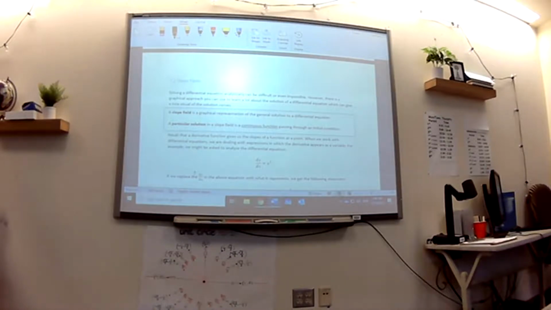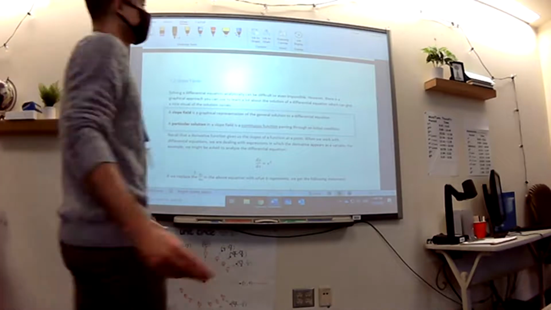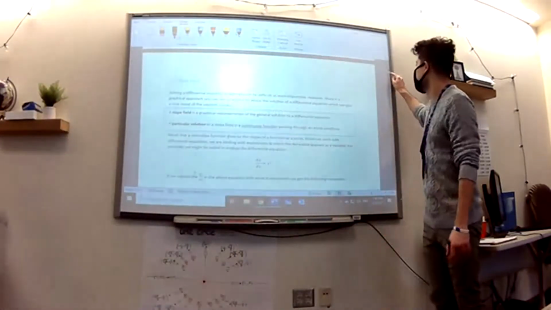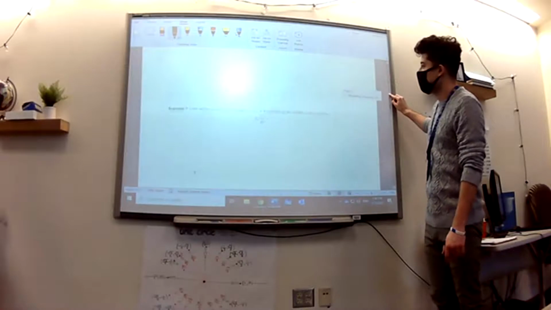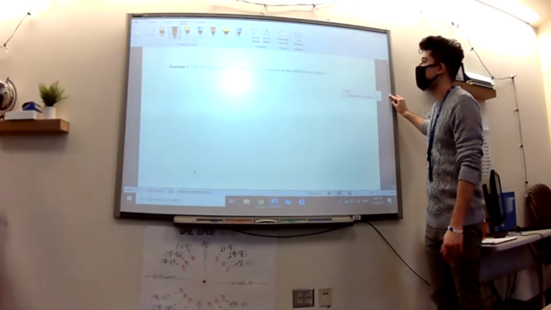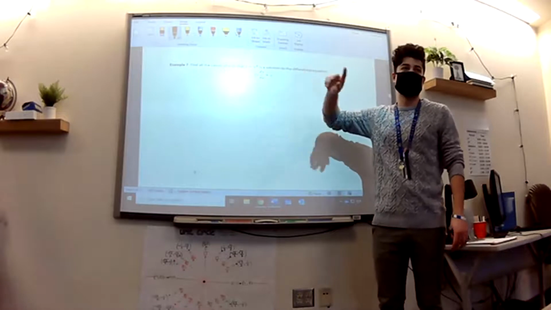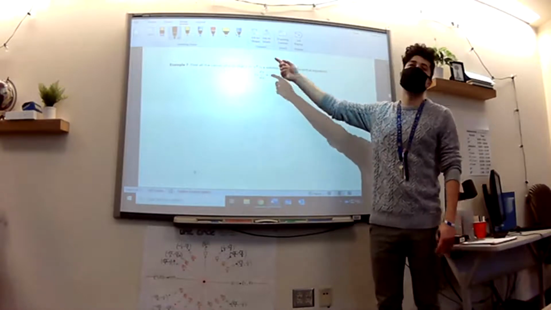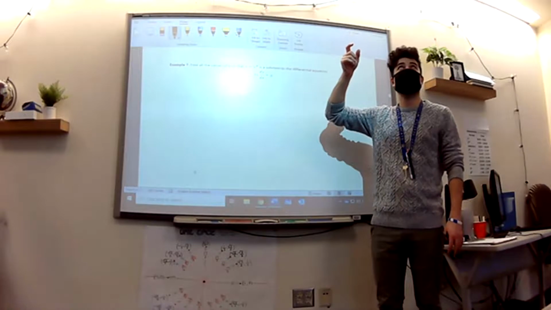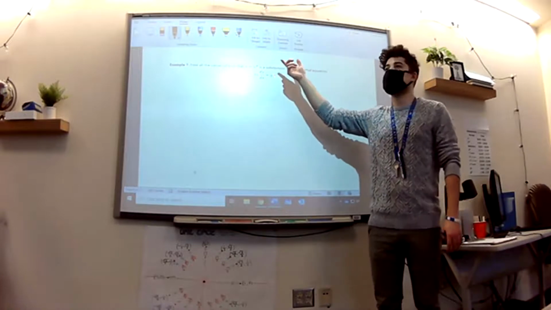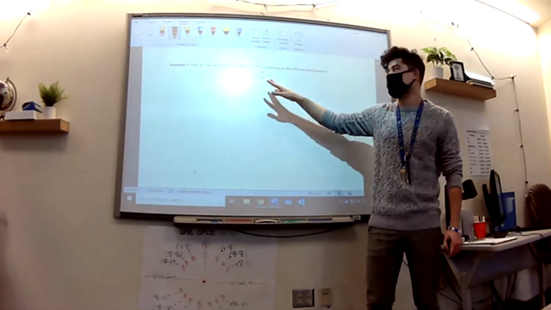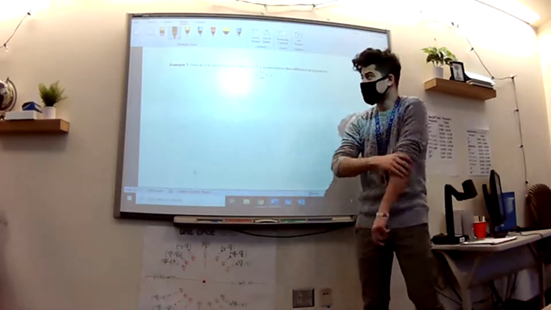All right, so yesterday we started this unit on something called differential equations. All you need to know about it is that it's an equation where the derivative appears as a variable. The point of differential equations is finding the function that will satisfy the equation, with the derivative and everything.